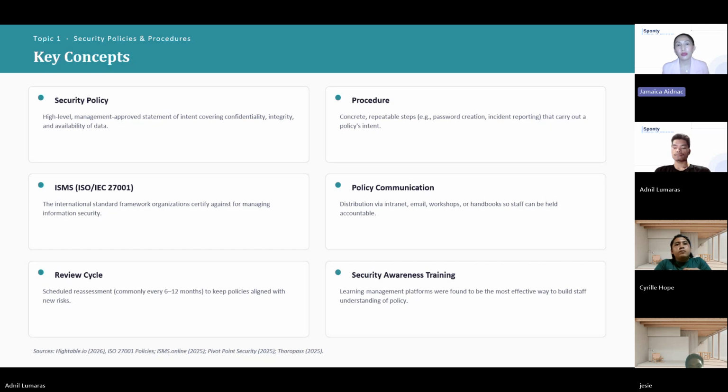Even well intentioned policy programs run into predictable problems. One is policy sprawl, writing so many overlapping or contradictory policies that employees cannot realistically track them all. Another is the opposite problem, a single extremely long document that nobody reads past the first page.